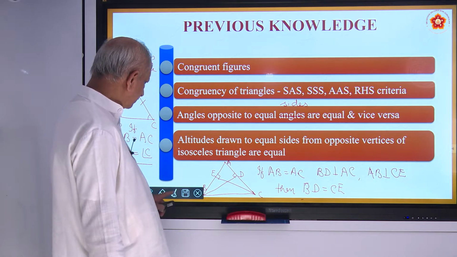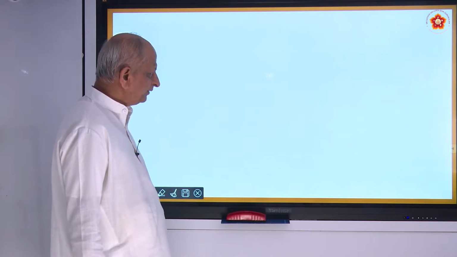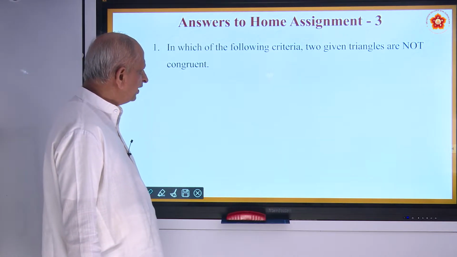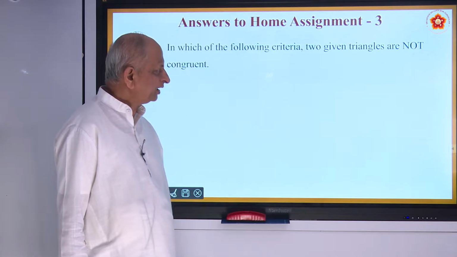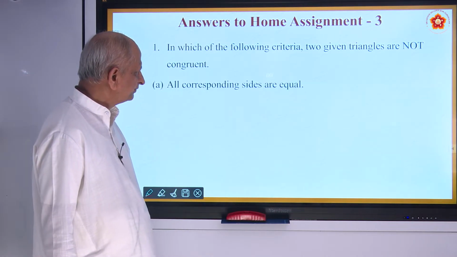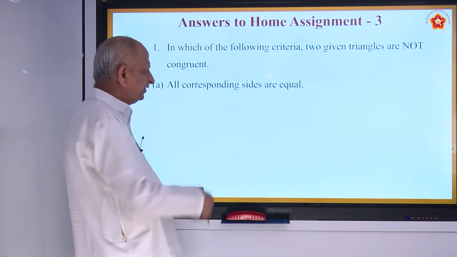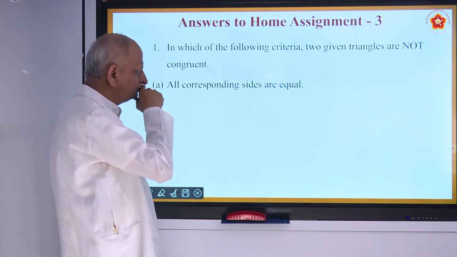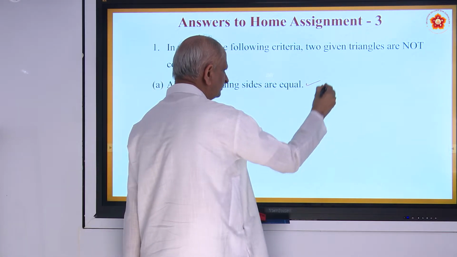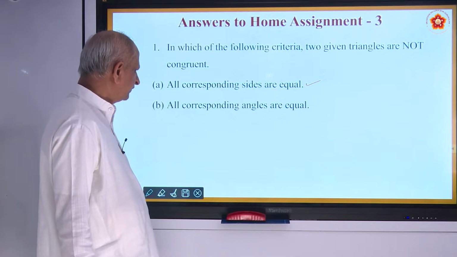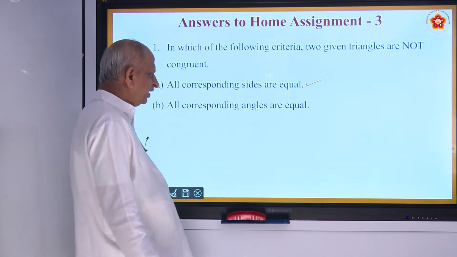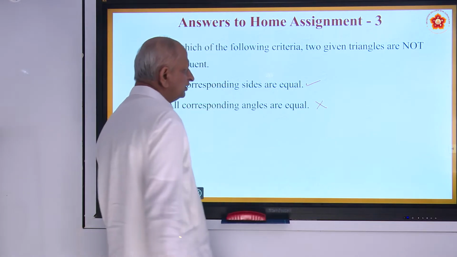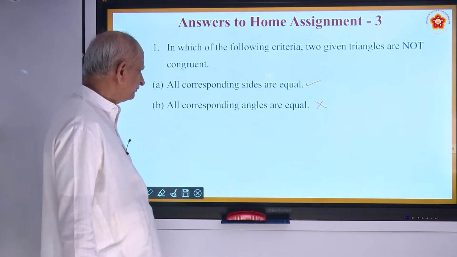Okay. Now coming to today's topic, before that we will see the home assignment. First question: in which of the following criteria are two given triangles not congruent? See, all corresponding sides are equal, then it is congruent. Second one, all corresponding angles are equal, in this case they need not be congruent.